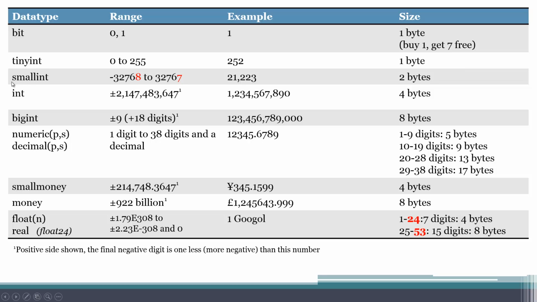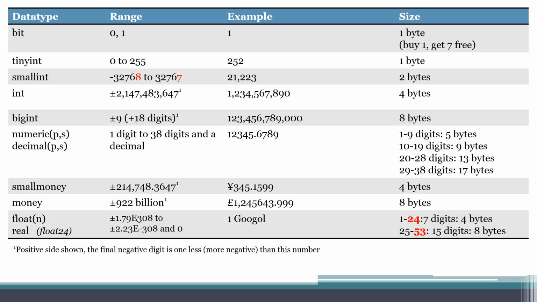The next value is a small int. Now, a small int can hold negative values. You can see here that it holds from negative 32,768 to positive 32,767. I've highlighted the last digit here to show that it's very close. A small int is very close to holding the same number of negative values as it is positive, but it doesn't quite do it.